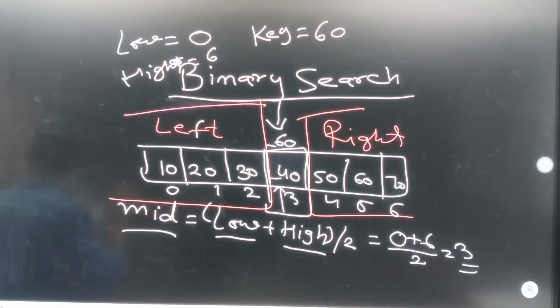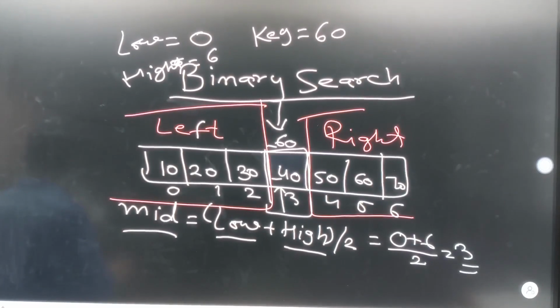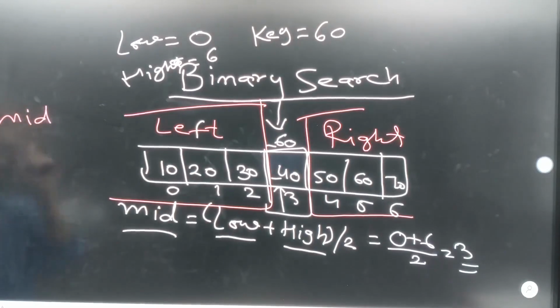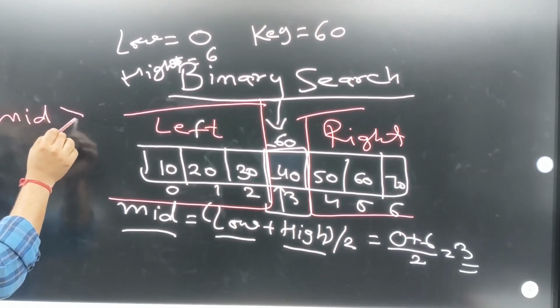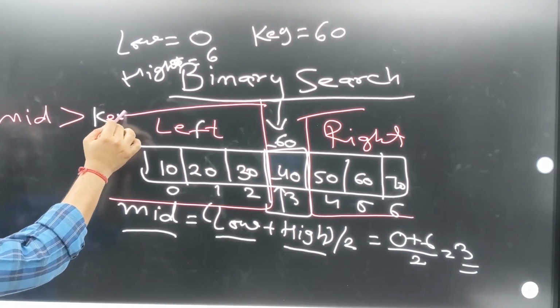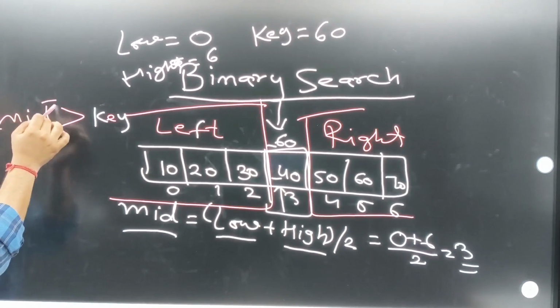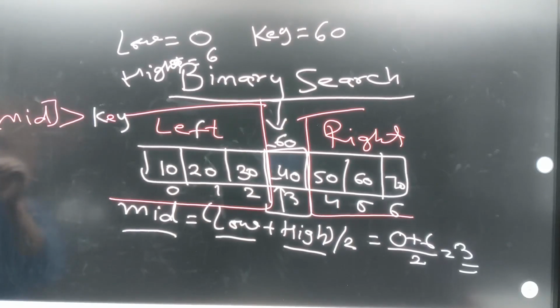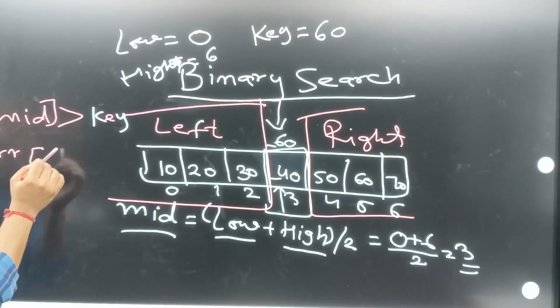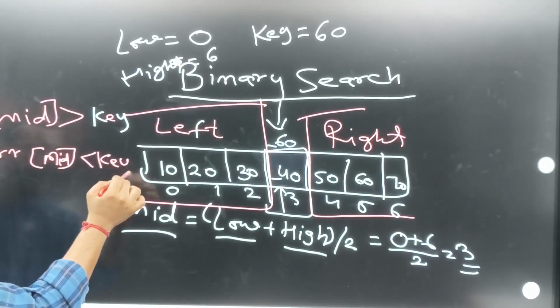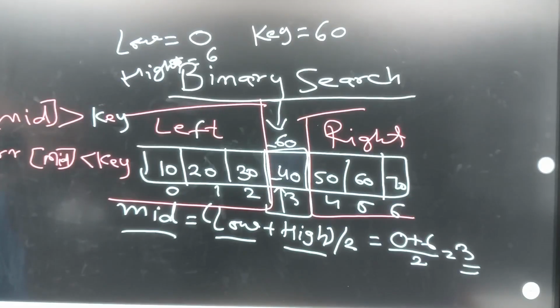We have two conditions: maybe the array of mid is more than the key, or maybe the array of mid is less than the key. We have two procedures.